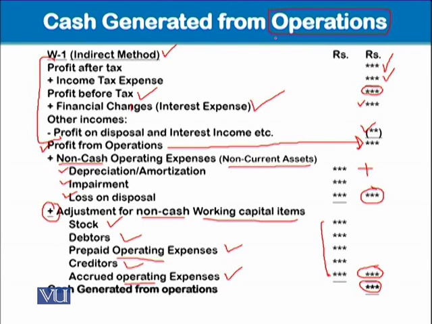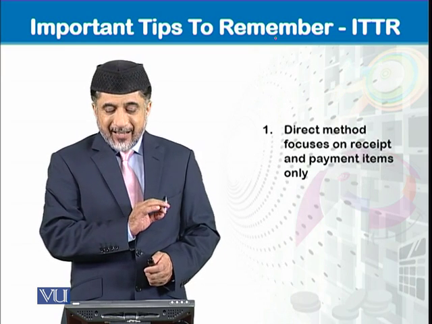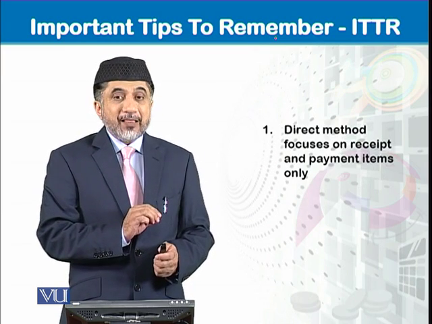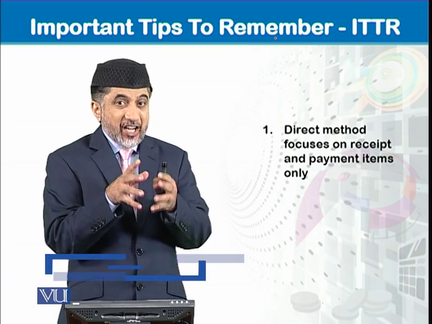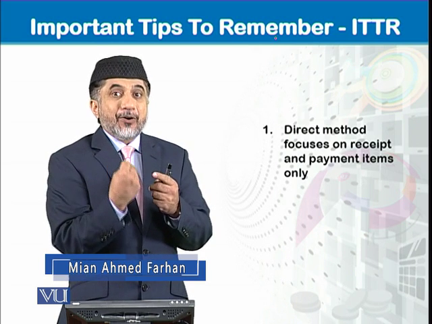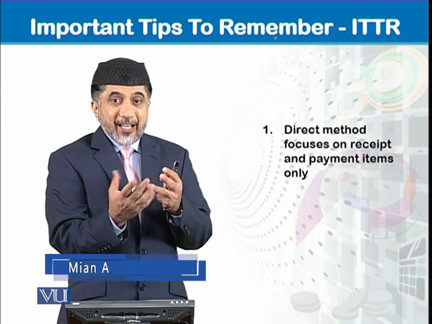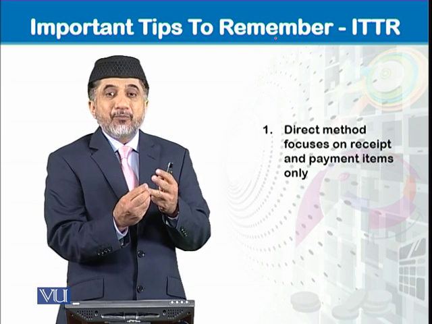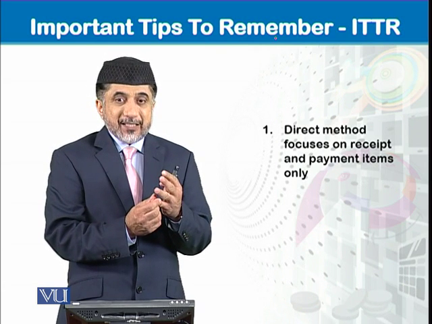All right, so the important tips to remember in this module are that direct method focuses on the receipts and payments directly. Cash collected from customer, cash paid to supplier, cash paid to and on behalf of employees, and cash paid for other operating expenses.